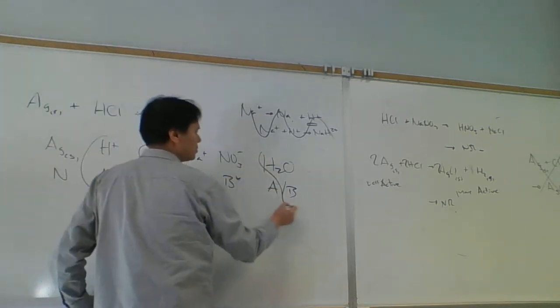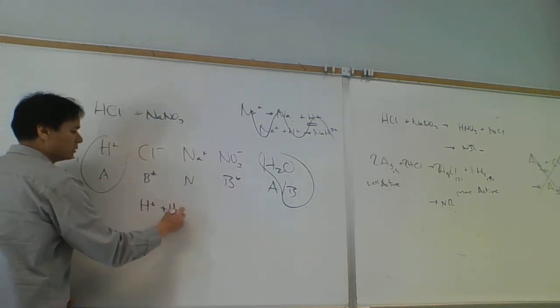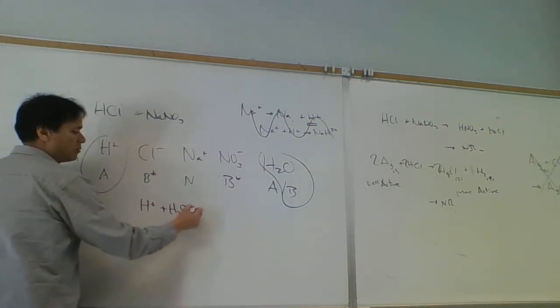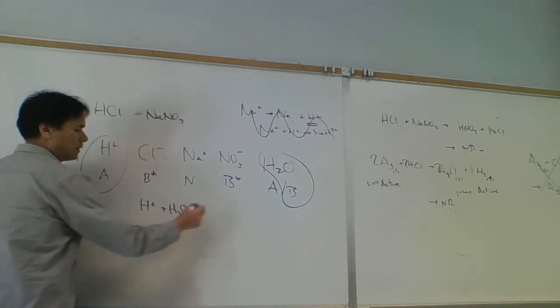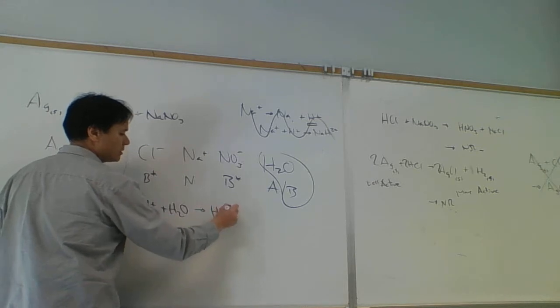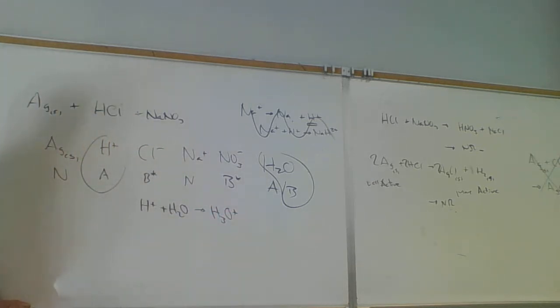And so the most likely reaction to occur will be between hydrogen ions and water. If hydrogen ions react with water, what forms? Well, we're going to have 3 hydrogens, positive charge, hydronium. But this is pretty much a non-reaction, because what did I say H plus really is? Hydronium. So this is nothing new.